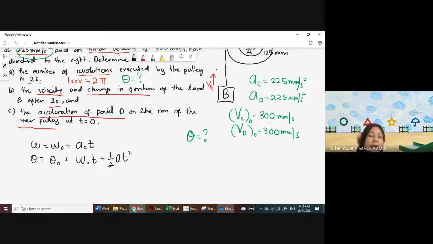Alpha, bukan omega. Ni salah, saya saja nak testing you. Jangan tersilap.